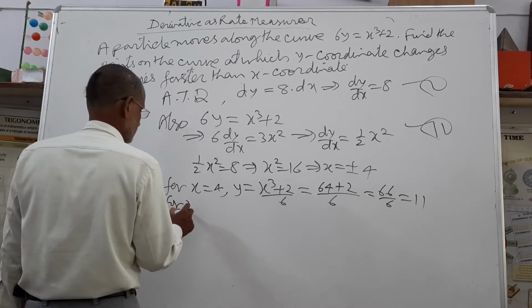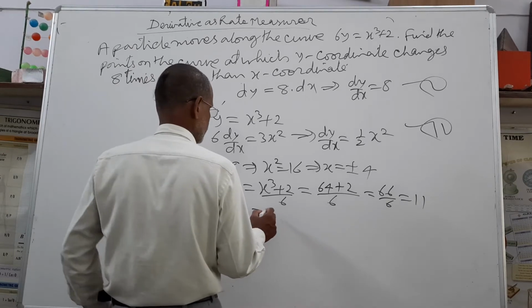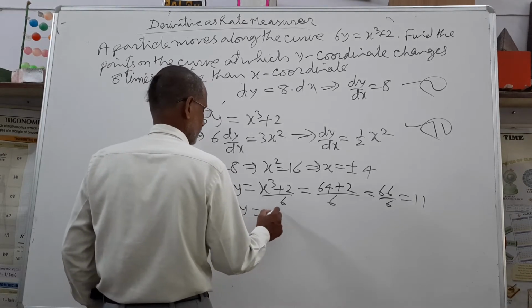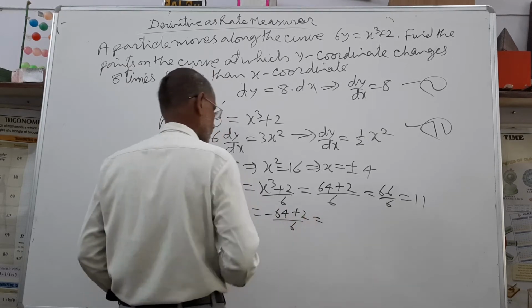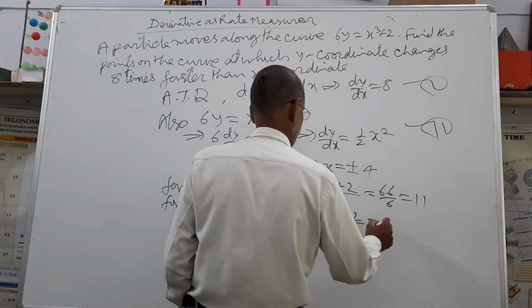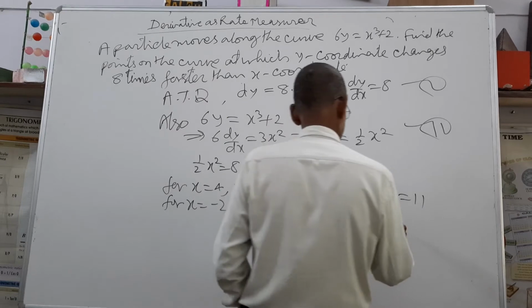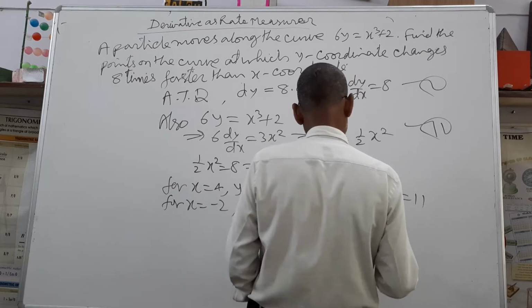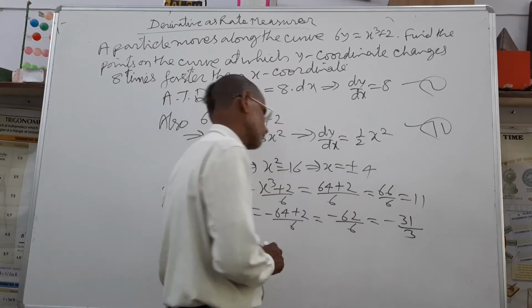For x is equal to minus 4, y is equal to minus 64 plus 2 upon 6 is equal to minus 62 by 6 is equal to minus 31 by 3.